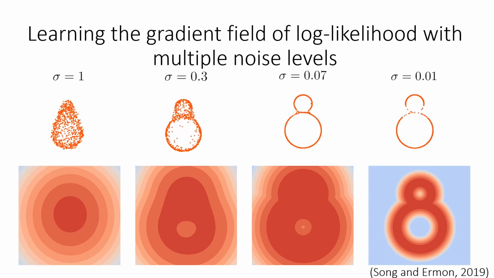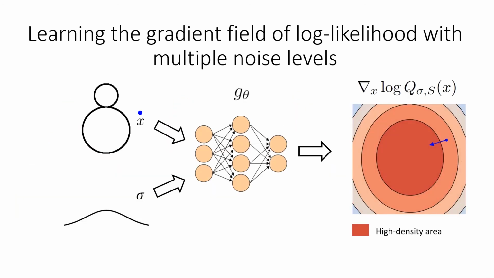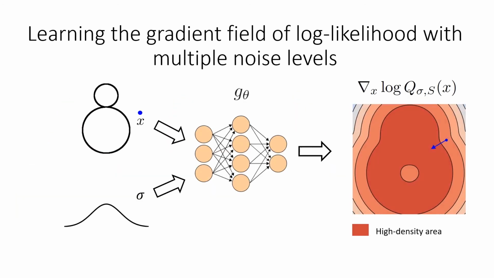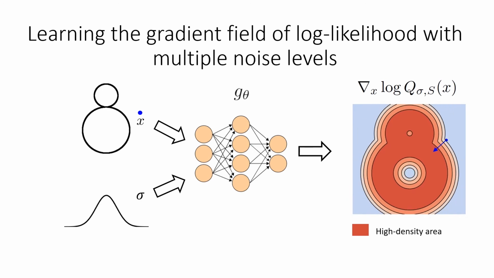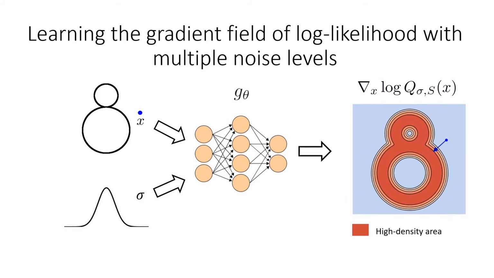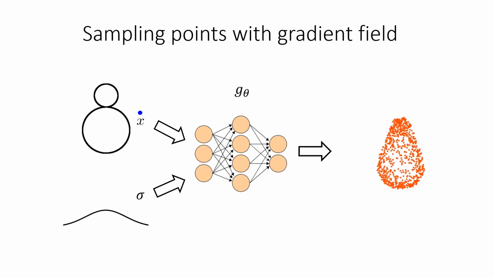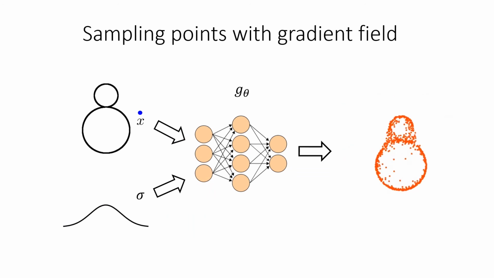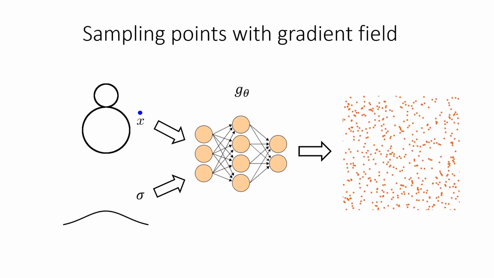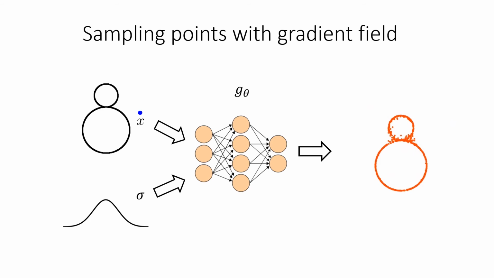Inspired by Song and Ermon, we asked our network to learn to produce gradient fields under multiple noise levels. Our network takes sigma as input and predicts the gradient field at that noise level. Once training is complete, we can move randomly sampled points to the shape's surface using the predicted gradient conditioned on different noise levels, starting from a large sigma value and gradually reducing the amount of noise.